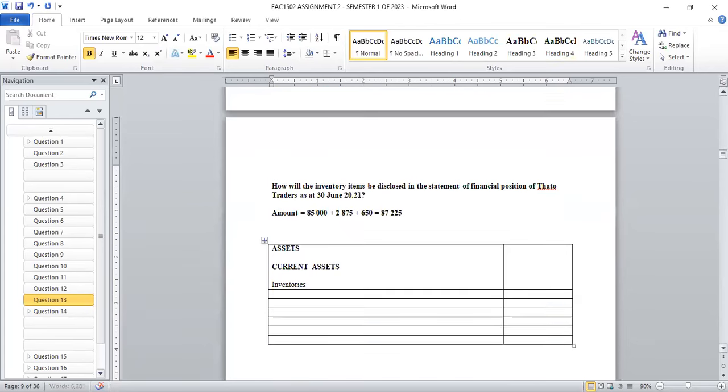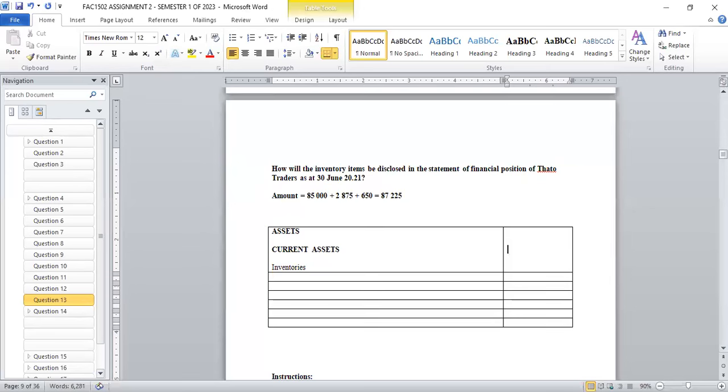So the record here 87225. There will be no spacing there. I think there is another space. So the other space you put not applicable. I think there are other two spaces you put not applicable. Then you put 0 here on the amount.